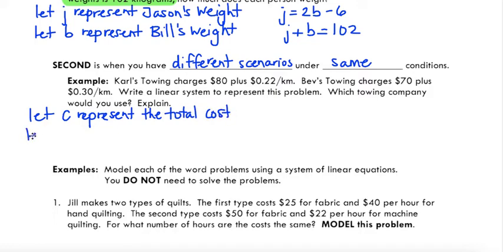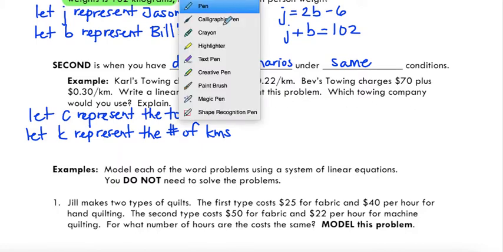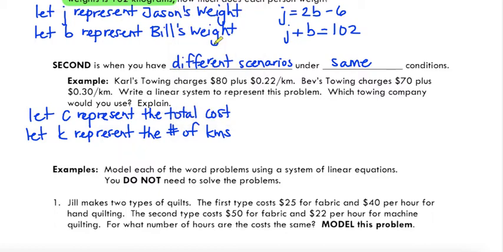And I might let K represent the number of kilometers, because the cost is determined by how many kilometers I'm being towed. And I'm going to come up with an equation for both Carl and Bev. So here's Carl's equation.